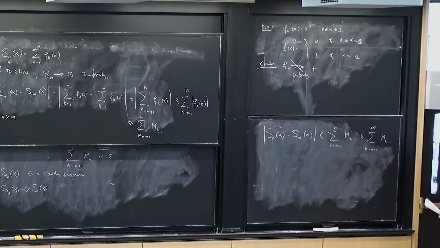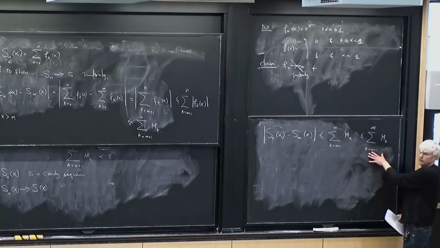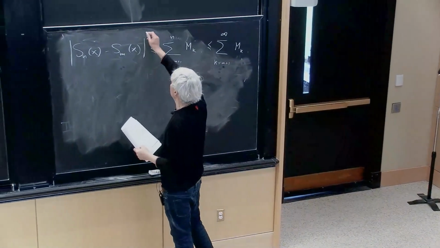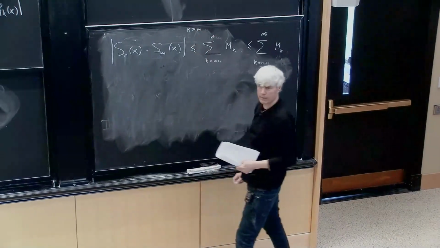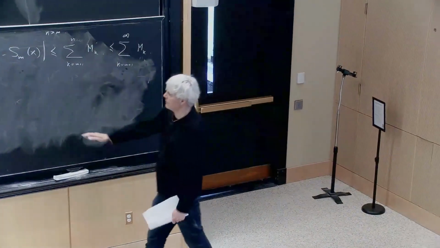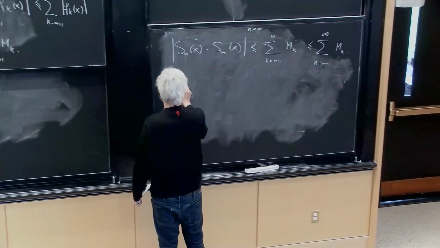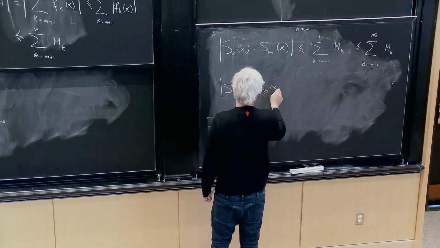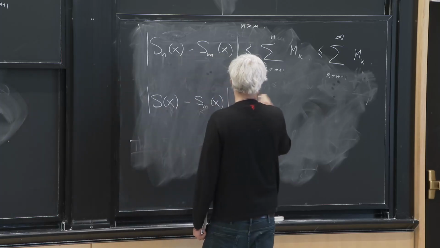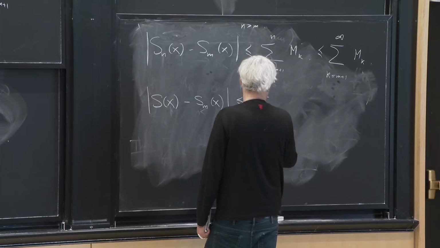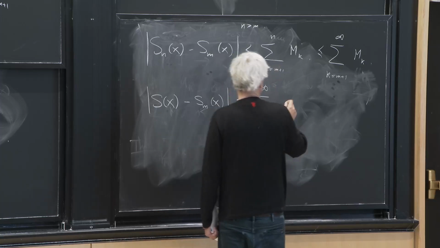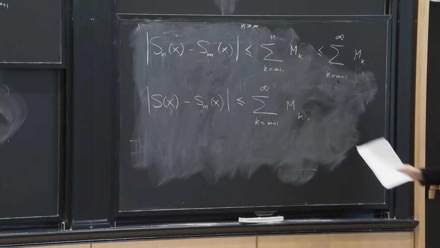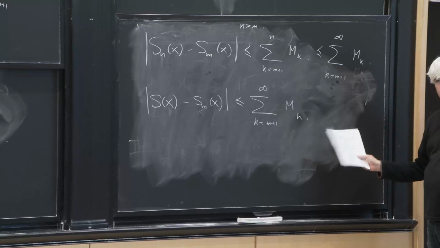And now this side does not depend on little n, right? All we required here was that n was bigger than m. And so as n goes to infinity, you have that S of x minus S_m of x will have to be less than or equal to the sum. And the key point for this Weierstrass M-test is that this inequality holds for all x.